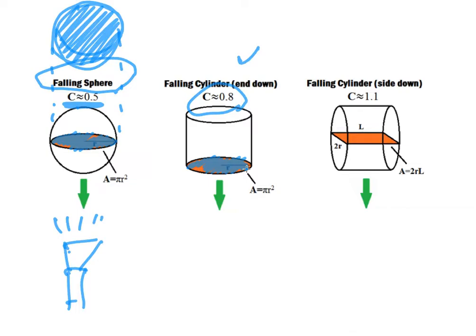But the same cylinder will give us a drag coefficient of 1.1 if we put it like this, and then the area will become this rectangular area. So again, sometimes we need to be very specific about the cross-sectional area involved in the calculation.